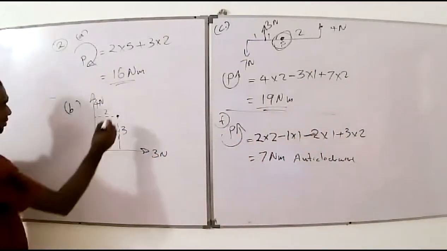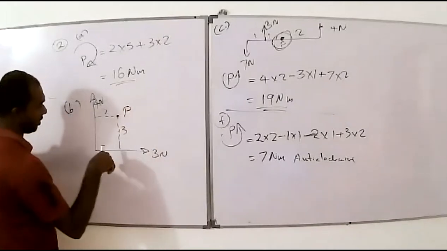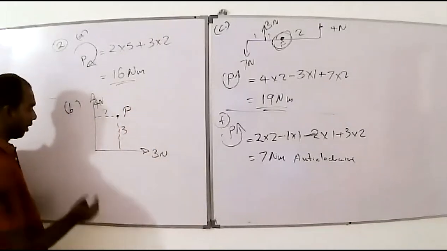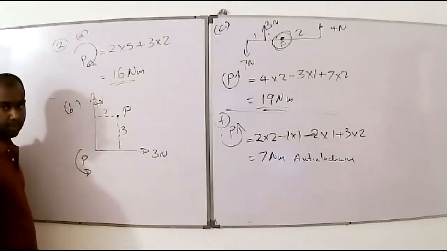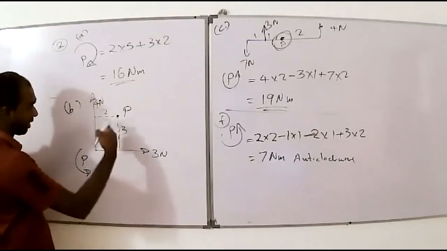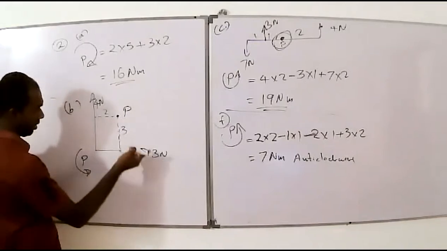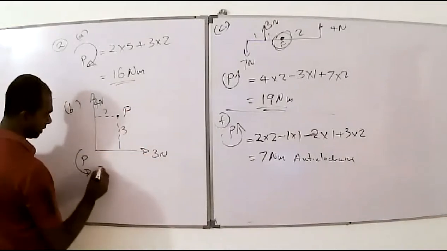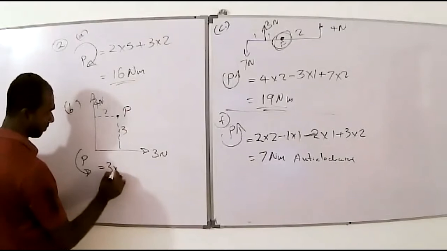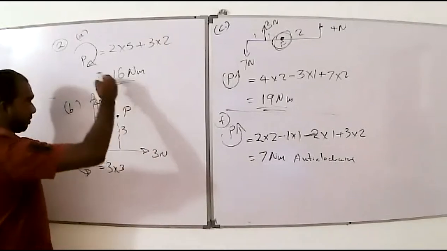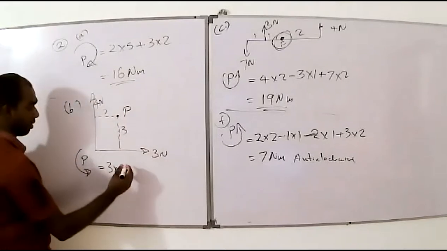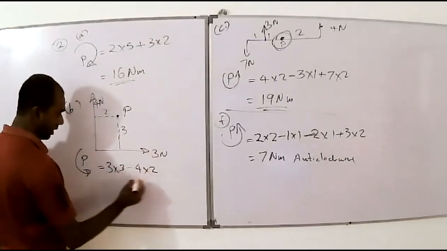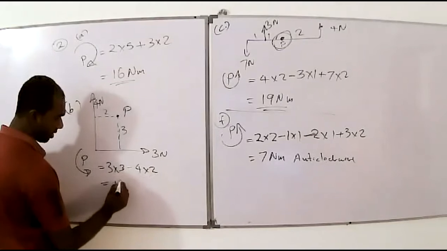No. So simply take which way I'm going to take. I'm going to take anti-clockwise direction. You are free to take any direction. So I'm going to take this 3 newtons, so it's going to be 3 into 3. And what about this 4 newtons? It is clockwise. So it means minus 4 into 2. So 9 minus 2, it is 7 Newton meters.